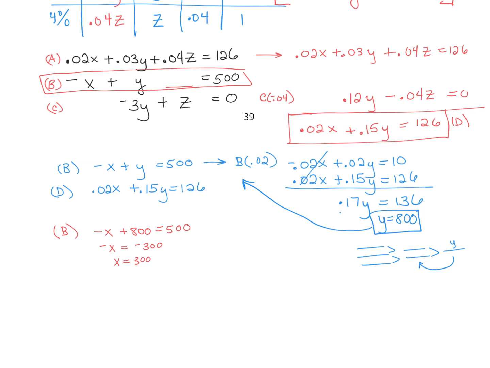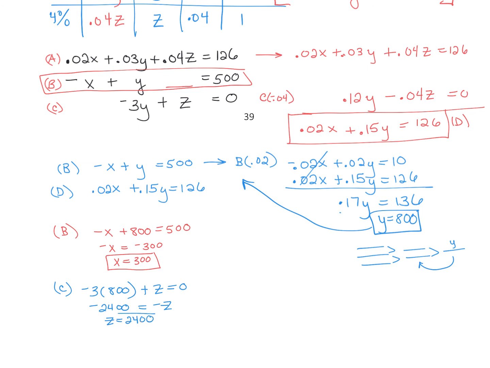And then lastly, we'll plug our x and our y into one of the equations to find z. So I'm going to use equation C. Minus 3 times 800 plus z equals 0. Minus 2400 equals minus z. So z is 2400.